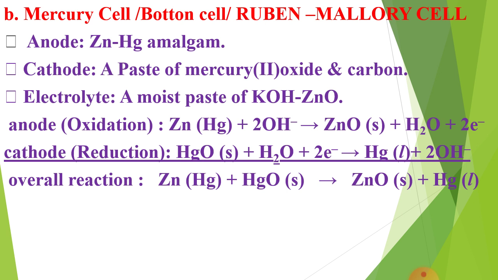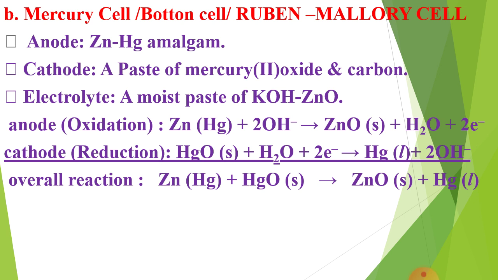Second, primary battery, mercury cell, also known as button cell and also known as Ruben-Mallory cell. As the name indicates, button cell, it is used in the hand watch which looks like a button.